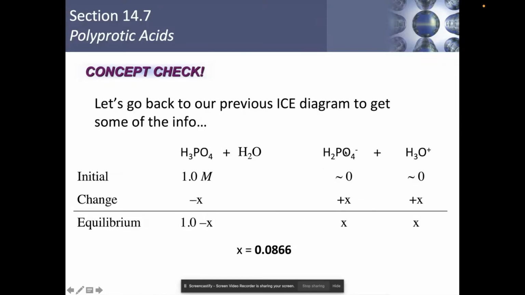Technically also, I need to know how much hydronium ions we have because all of the hydronium ions are coming from this first step. There's such a small amount of hydronium ion coming from step 2 and step 3 of that polyprotic acid base equilibrium that it's not really going to affect anything. We can basically say all of the hydronium ions being manufactured come from this first equilibrium step.